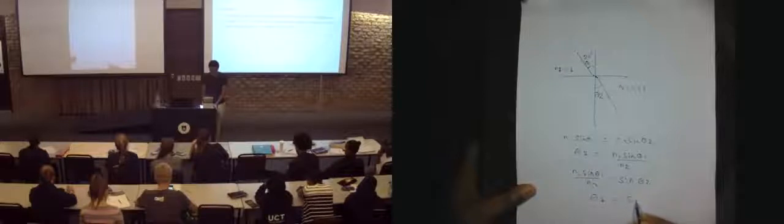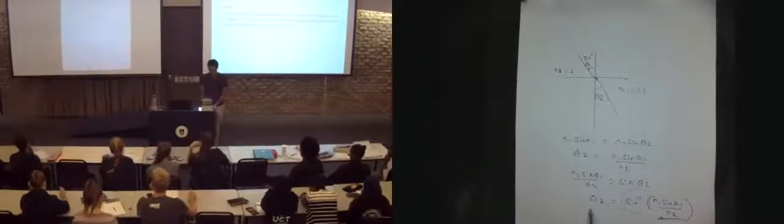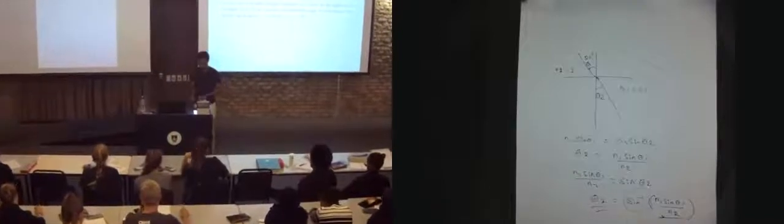So n1 sine theta 1 divided by n2 will be equivalent to sine theta 2. So theta 2 will be equivalent to sine inverse of n1 sine theta 1 divided by n2. After calculating this and taking the sine inverse, you'll find theta 2.